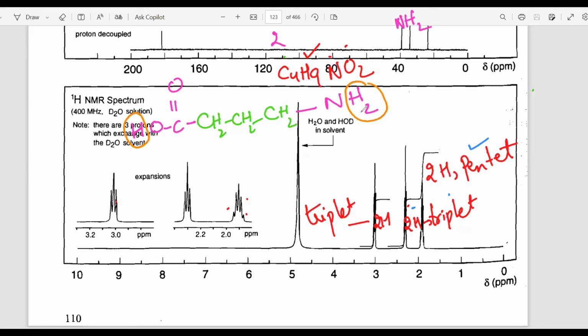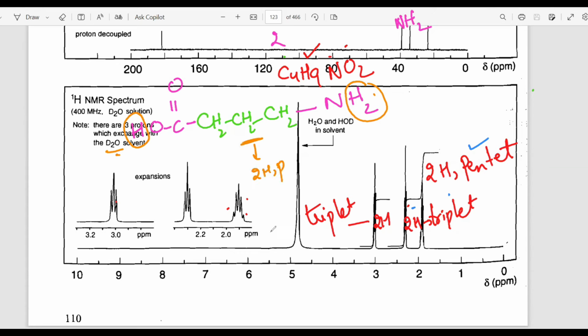These 3 hydrogen are exchanged with D2O. I told you, whenever hydrogen is connected directly with a heteroatom, heteroatoms include oxygen, nitrogen, sulfur, these hydrogen are exchanged with D2O. So a similar phenomenon is going to take place over here. These 3 protons will not appear in the spectrum.